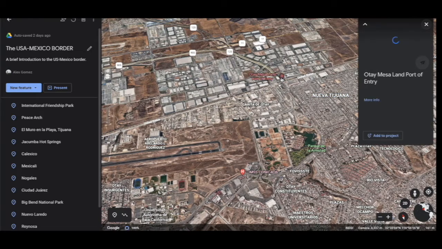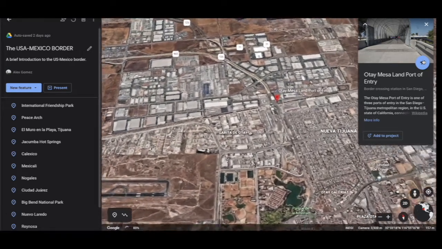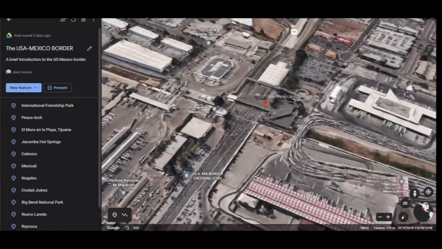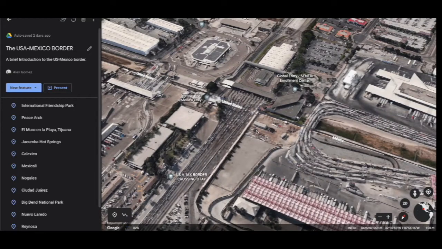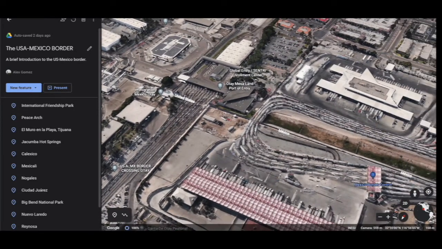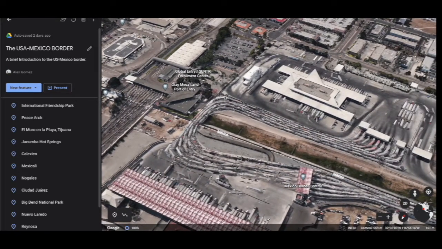Let me see if I can get closer, and you can see this is the other border port of entry right here. It's smaller, obviously, and on this side right here you have all these trucks, and this is part of NAFTA. This is Mexico border control, and look, all these trucks come into the US bringing goods.